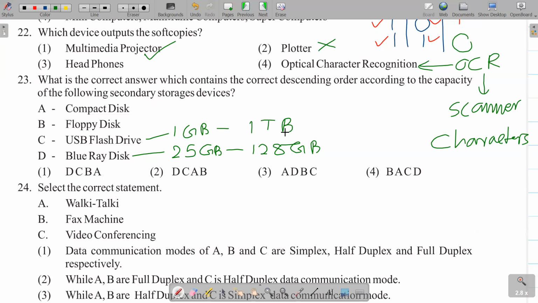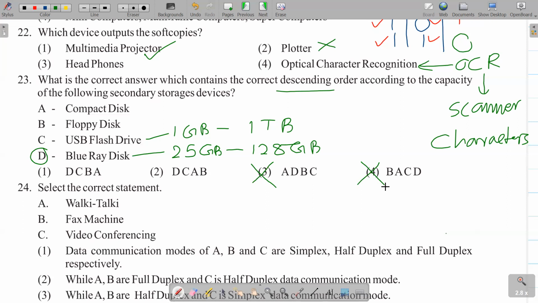But the problem is, no answer contains option C as its first one. They're asking for the descending order, right? So therefore we have to consider the biggest one as D. Once D is the prioritized one, then it's going to be C, definitely.